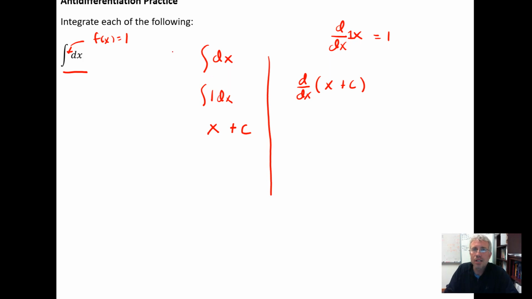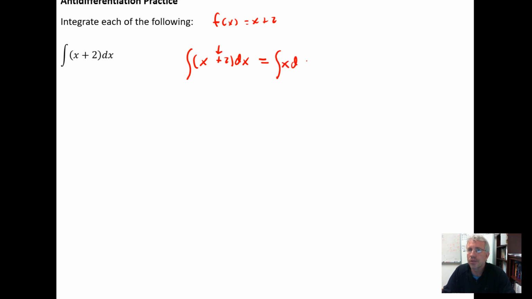We have calculated an antiderivative, big F of x. Our claim is that the antiderivative is x plus c. So to check your work, you want to calculate the derivative of the function that you found. And the derivative of x is 1, plus the derivative of any constant is 0. So we just get our 1 back.